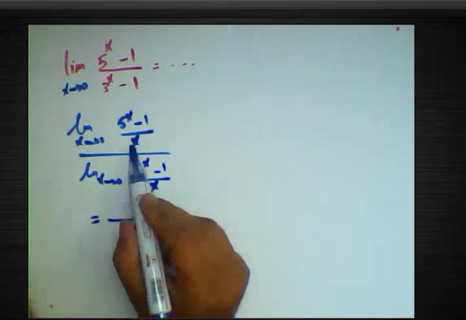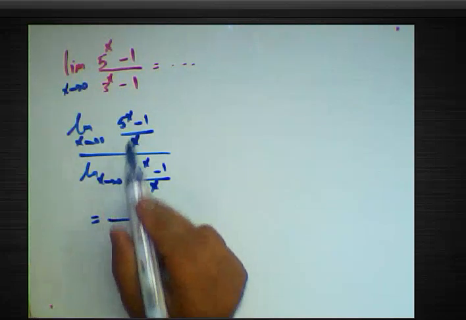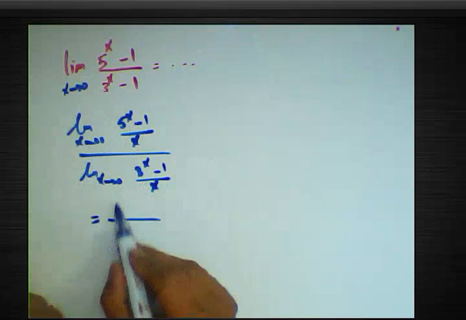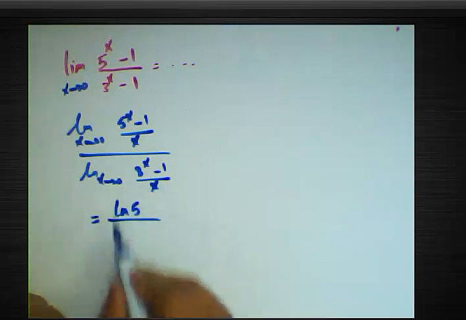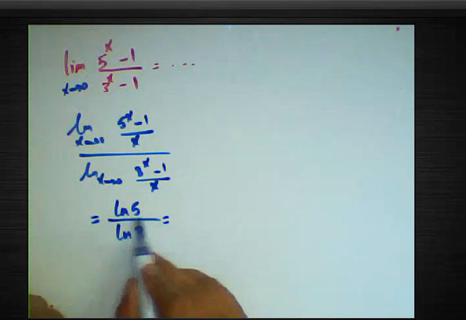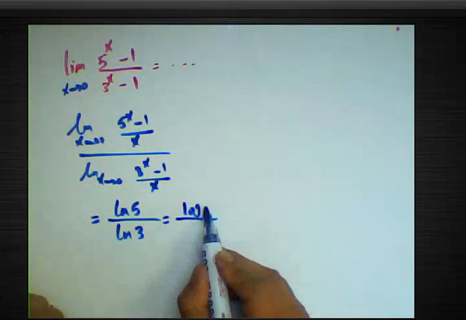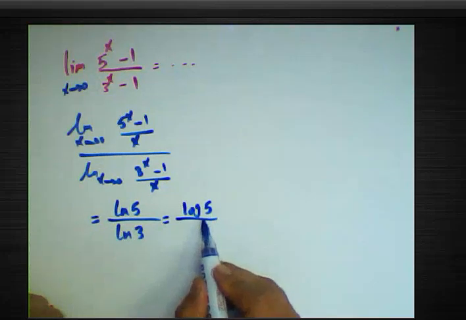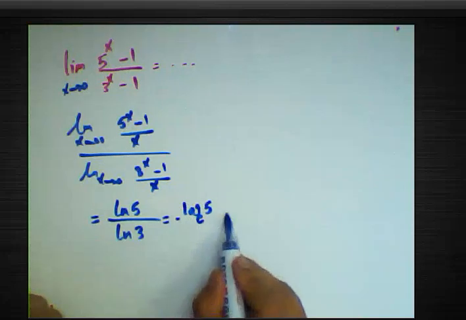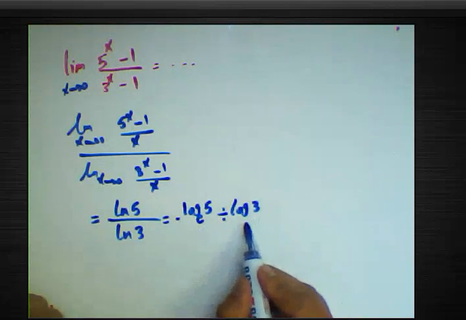It will be ln 5, and the denominator will be ln 3. We can write ln 5 over ln 3, which is log 5 to the base e divided by log 3 to the base e.